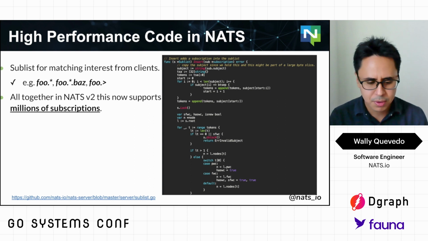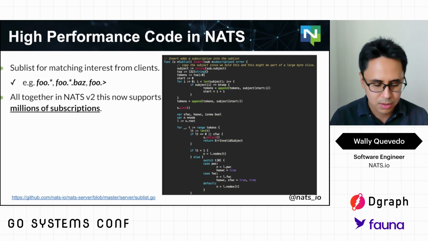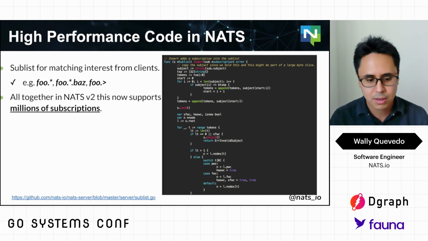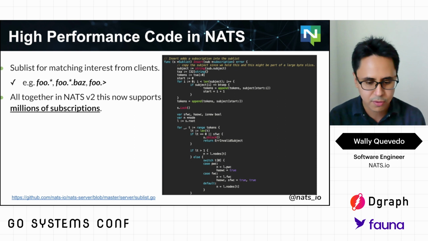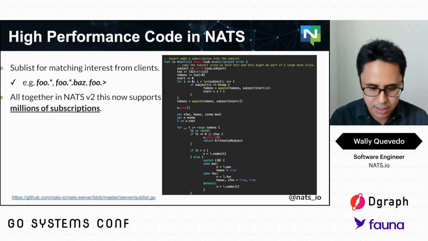But with some of the optimizations that went into NATS v2, and for this part you can look at the sublist and the client in the NATS repo, now it supports millions of subscriptions. So there were a lot of optimizations for the fan out of the clients.